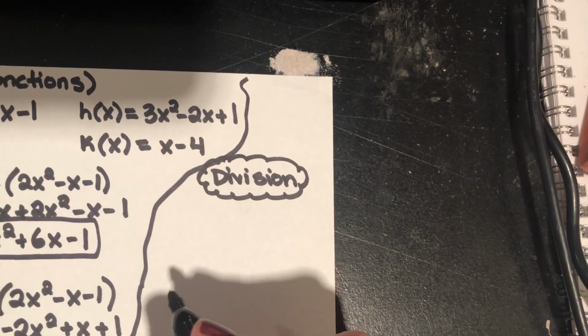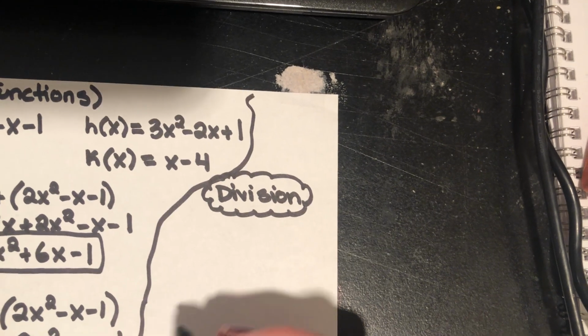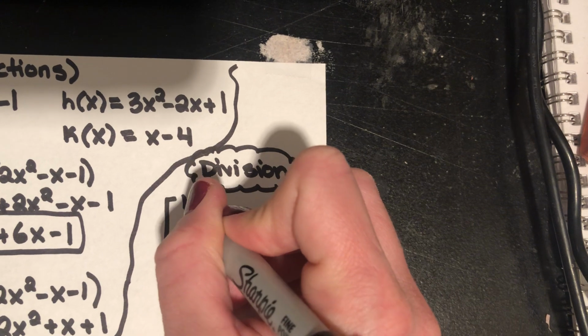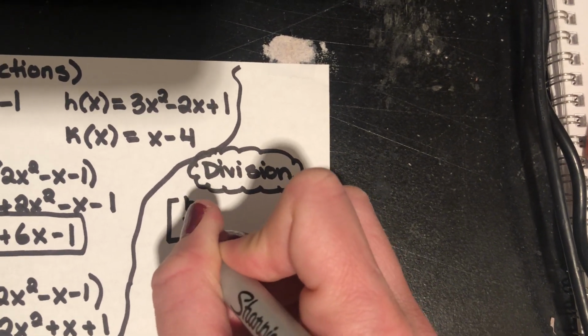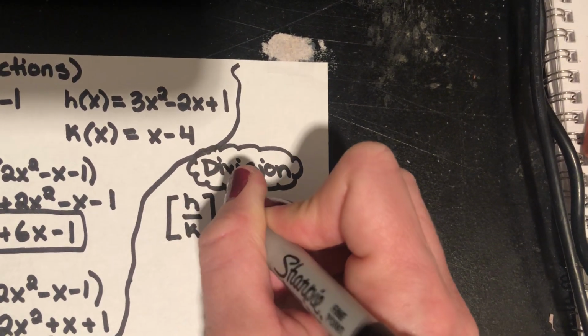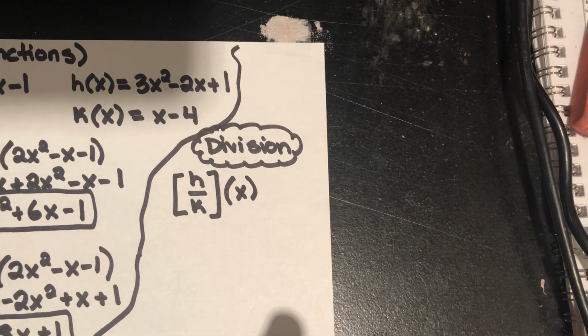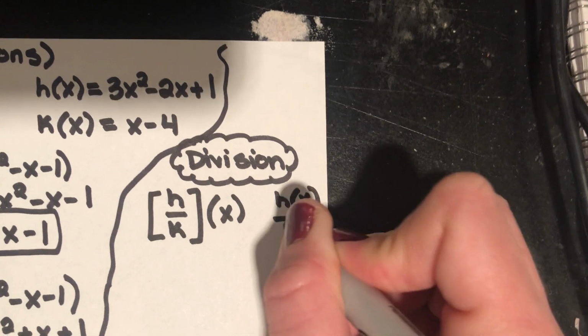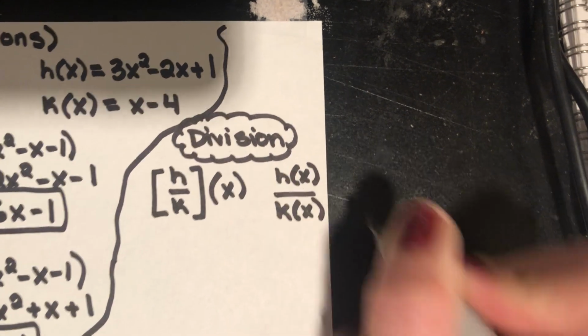And actually, let's do h of x. So you're going to see an h divided by k of x. What this means is h of x divided by k of x.